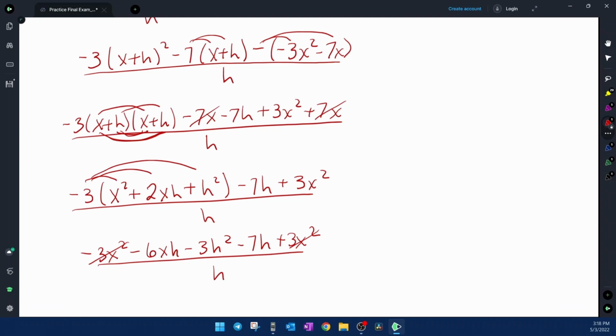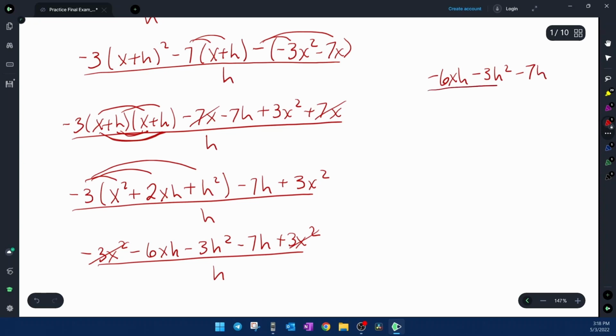So carrying this up to the next step, we're going to have negative 6xh minus 3h squared minus 7h all over h. And notice in the numerator, all three terms have a factor of h, so we can factor it out. That will leave us negative 6x minus 3h minus 7.